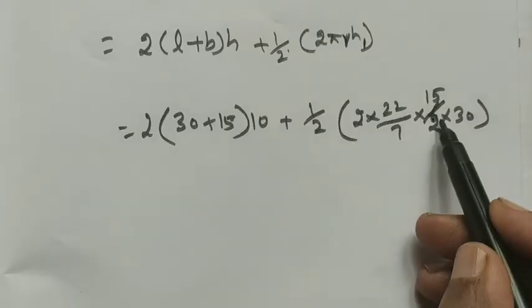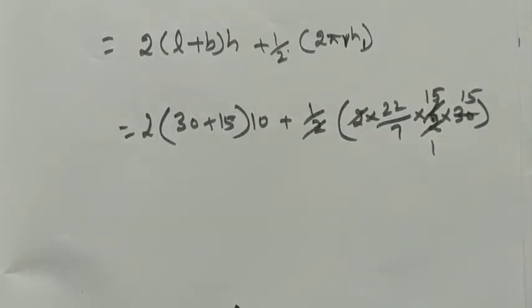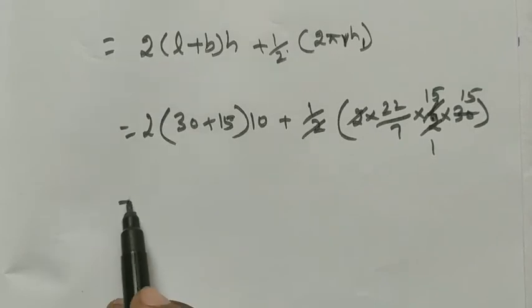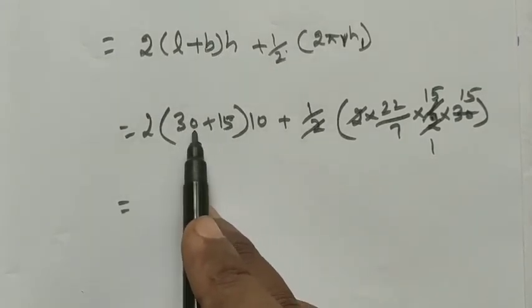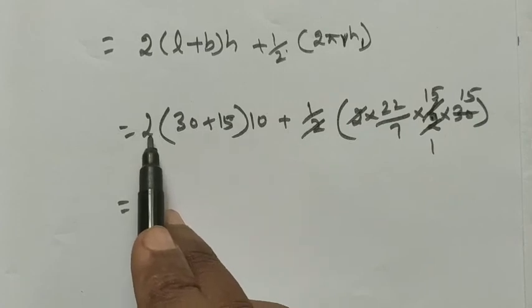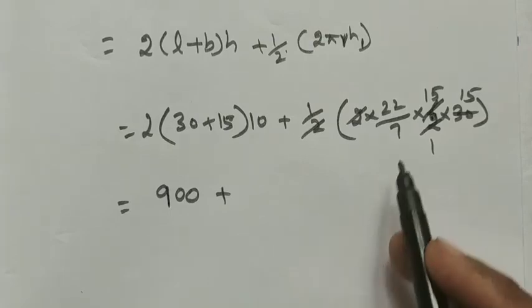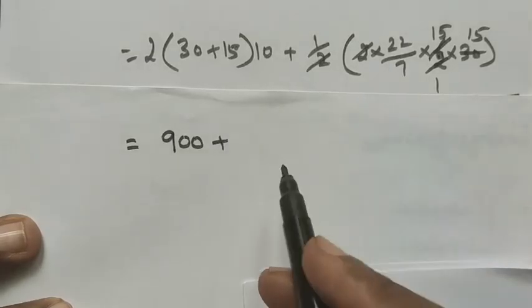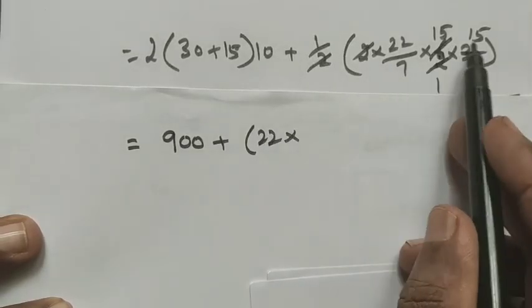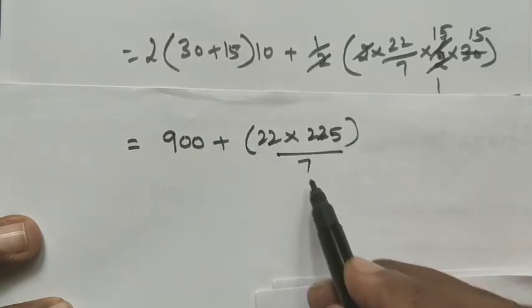Now we can reduce this. Cancel it. Then 45 into 2 is 90, 90 into 10 is 900. Plus 22 into 15 into 15 is 225 divided by 7.